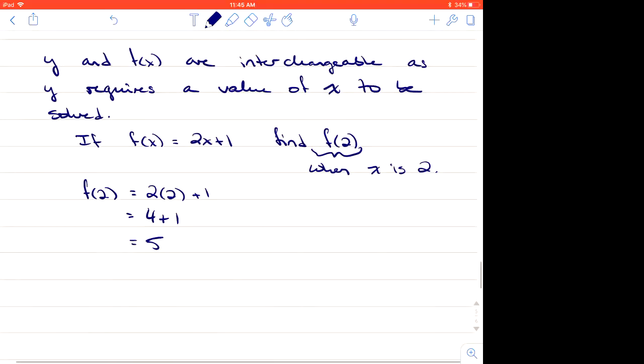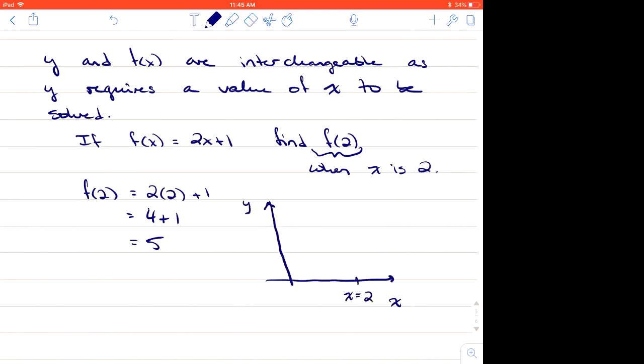So if we have something like this, the function takes some value of x equal to 2 and returns that y must be, let's say, 5 here.